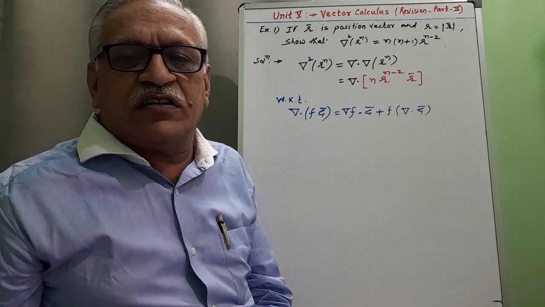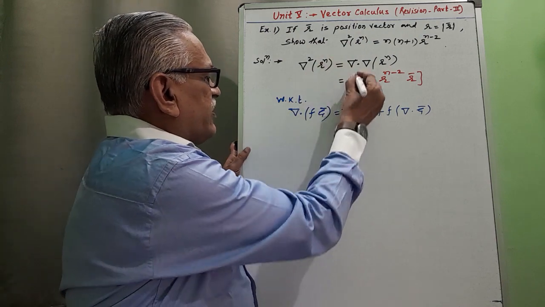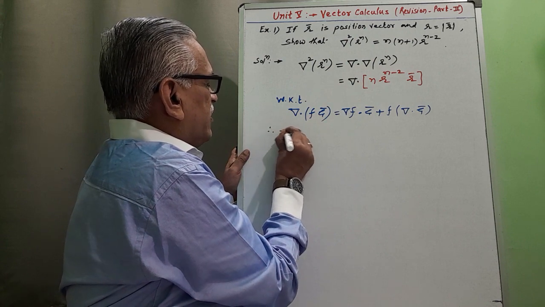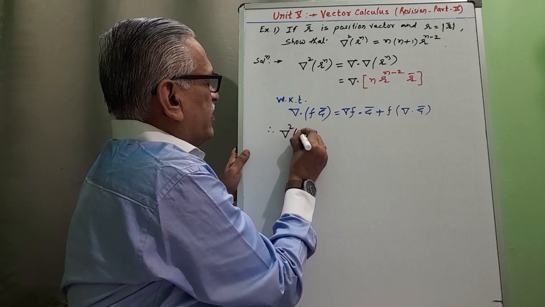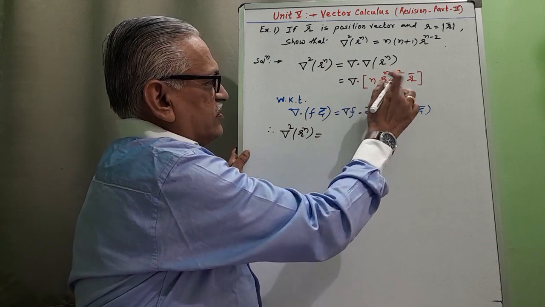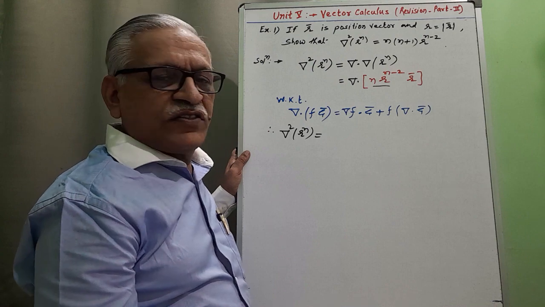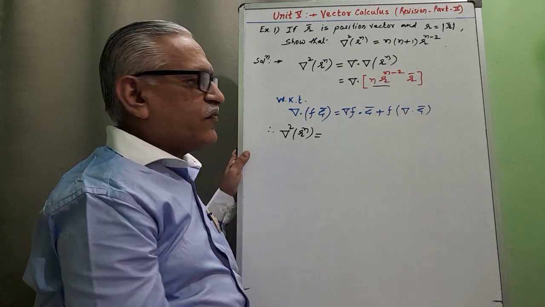We have to use this result, and therefore using this result we get del square of r raised to n as del dot of n r raised to n minus 2 into r bar. Here n r raised to n minus 2 is a scalar function and r bar is a vector function.